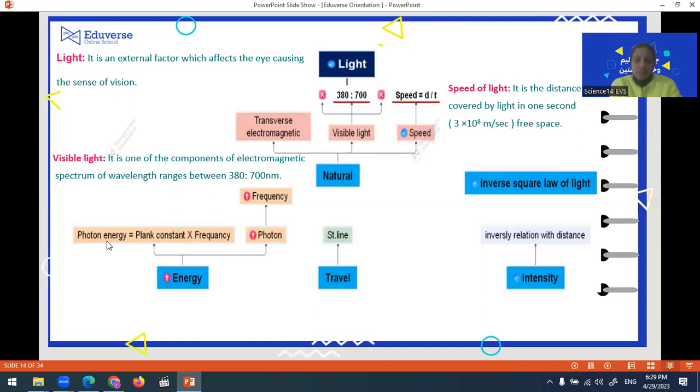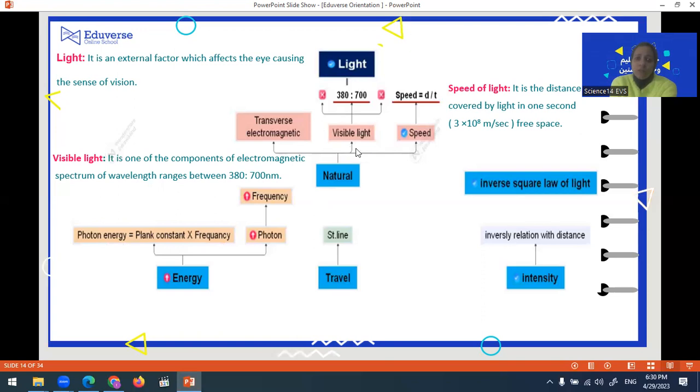As he said, we have a direct relation between the photon energy and the frequency of the photon. So photon energy equals the Planck constant times frequency. Don't forget this, it is very important: we have a direct relation between the photon energy and the photon frequency.